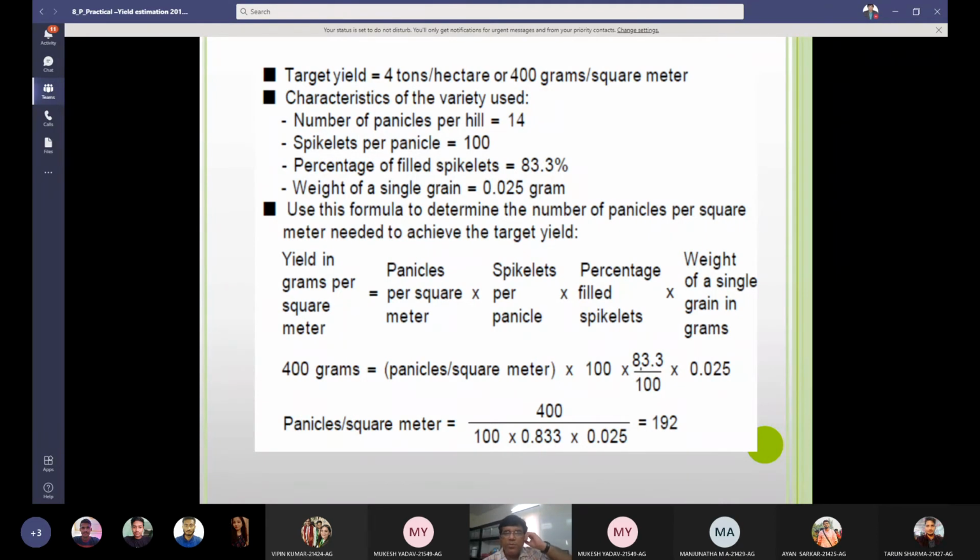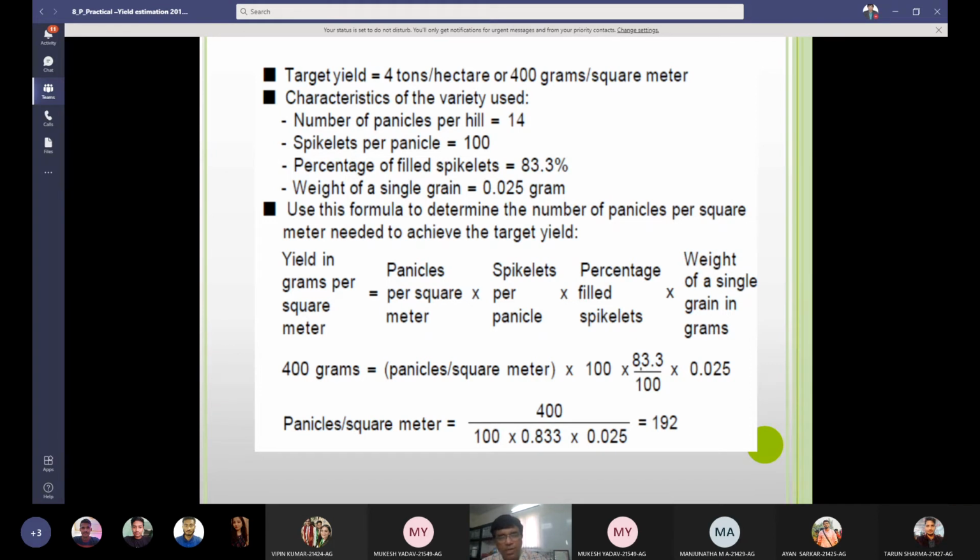So use this formula to determine the number of panicles per square meter needed to achieve the target. Yield in grams per square meter is given. You are not asked to calculate it. And then number two is panicles per meter square multiplied by spikelets per panicle, into percentage filled spikelet, into weight of a single grain in grams.